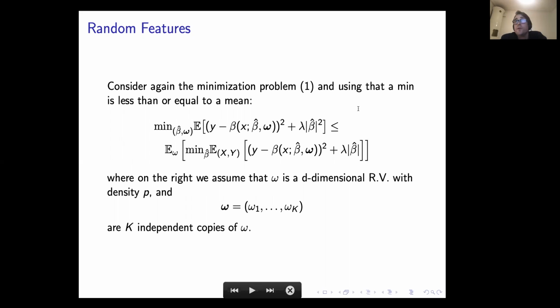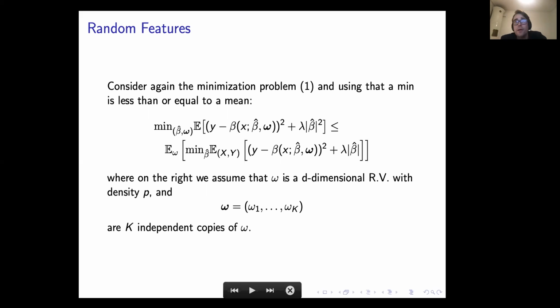So basically, we're just using the fact that min is less than or equal to the mean here. Non-boldface omega is a d-dimensional random variable with some density p, and boldface omega consists of k independent copies of omega. So here we're sampling, okay, the expected value should be with respect to boldface omega.